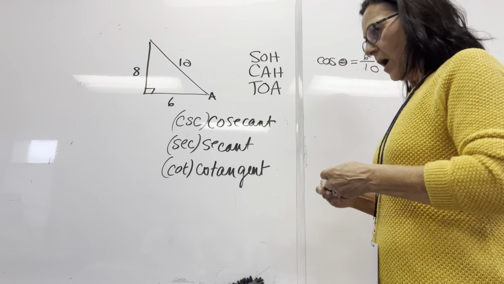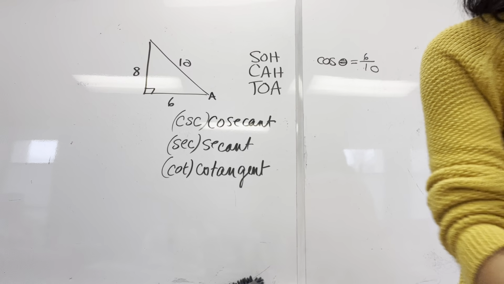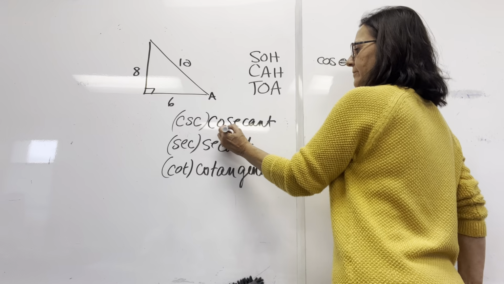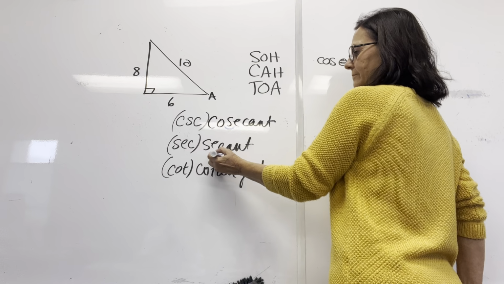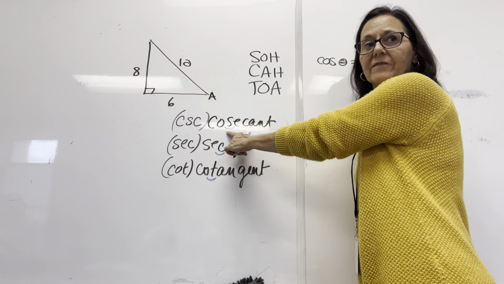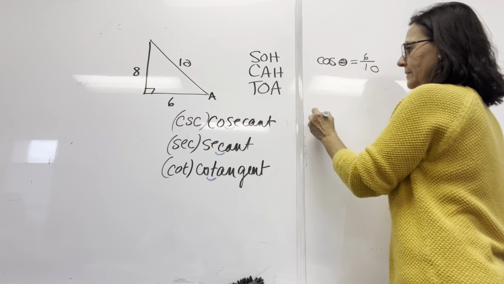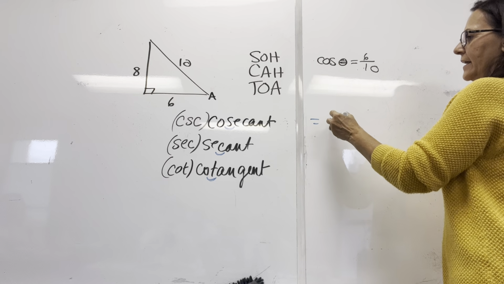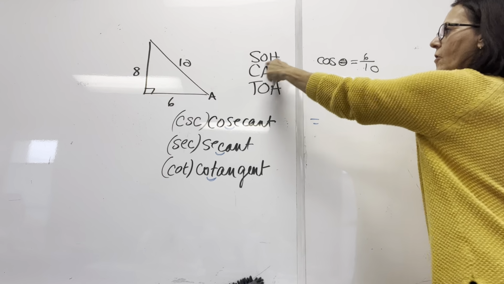Okay, so I just want you to note, say the words, and it's the third letter. The cosecant is the inverse of the sine. It's hypotenuse over opposite.